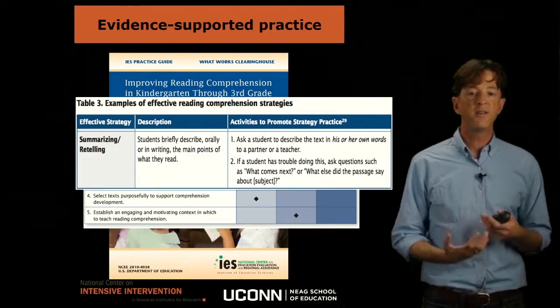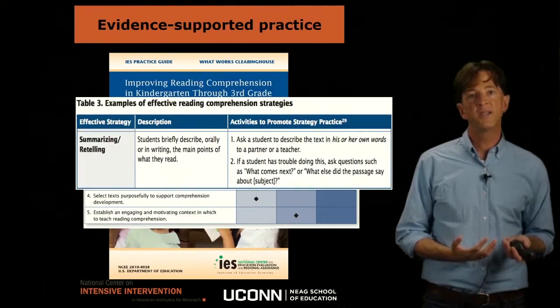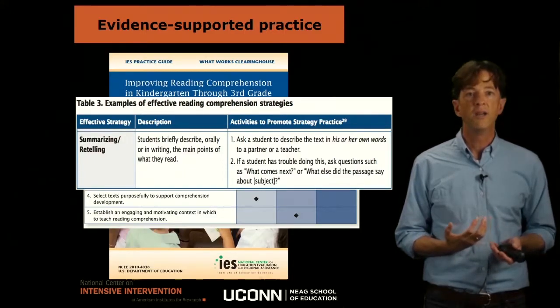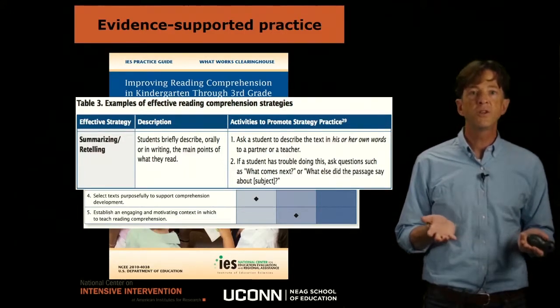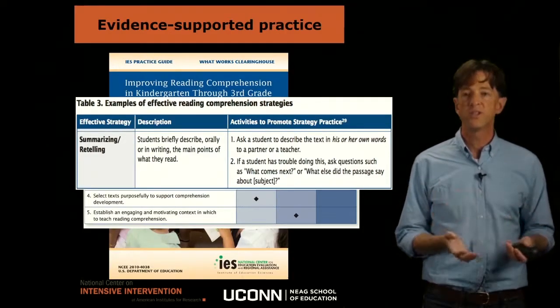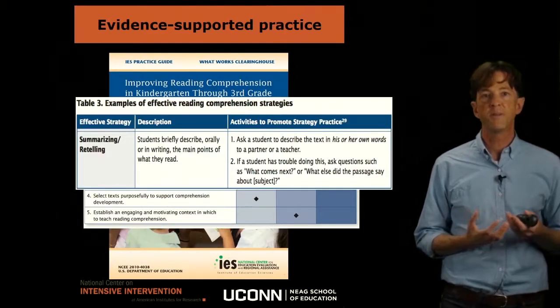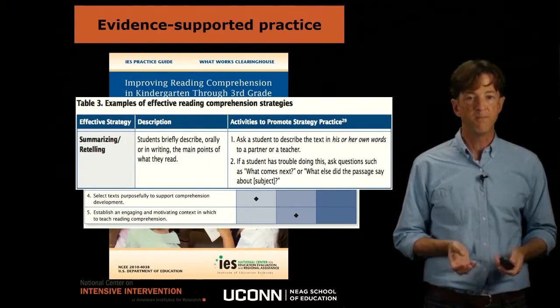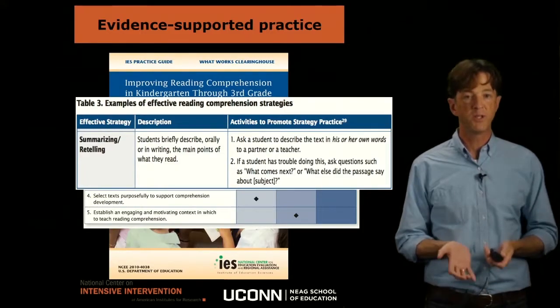The directions they provide to teachers are things like asking students to describe the text in their own words to a partner or a teacher, what happened, and then following up with questions like what comes next or what else did the passage say. Again, those are general guidelines, but not a specific program to do this.